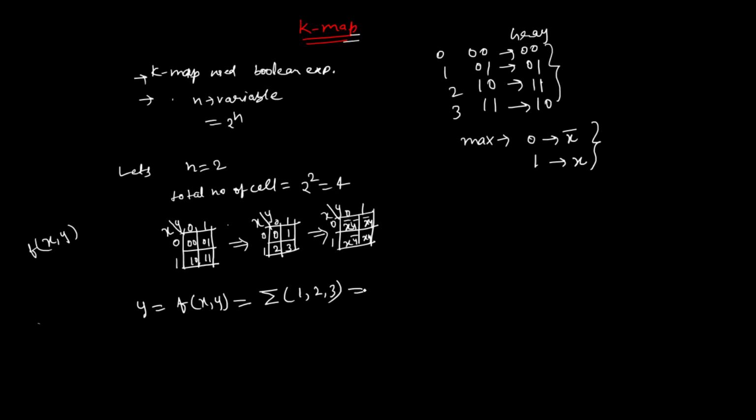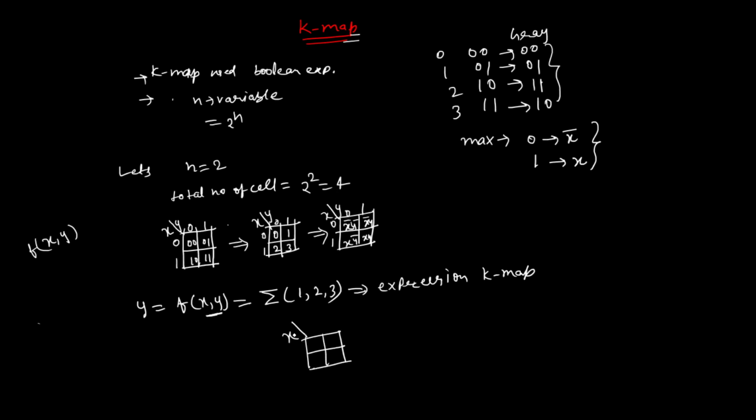Simplify this expression using K-map. So it is having 2 variables, so it will be of 4 cells.